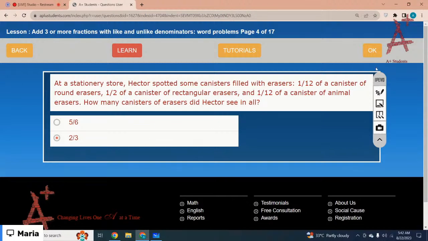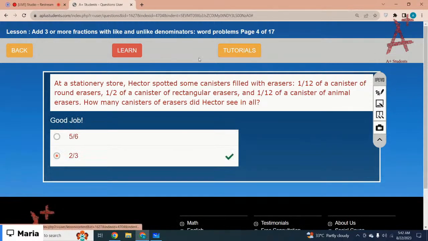So that would be 2 over 3. The correct option is 2 over 3, right?